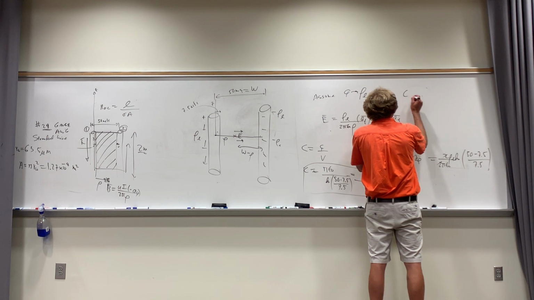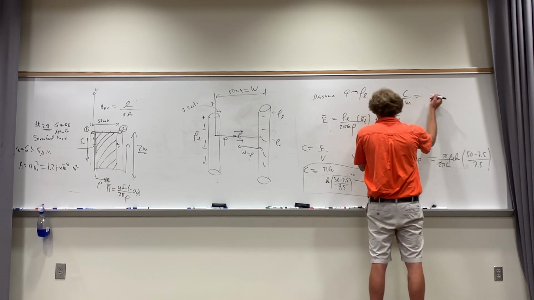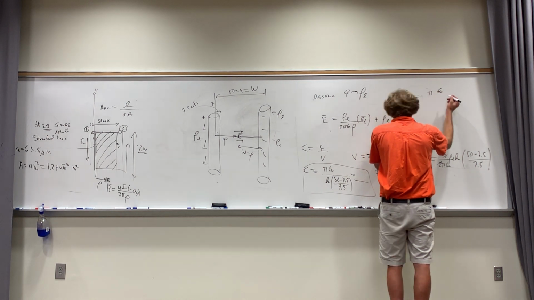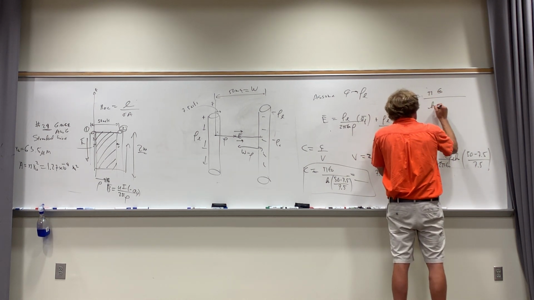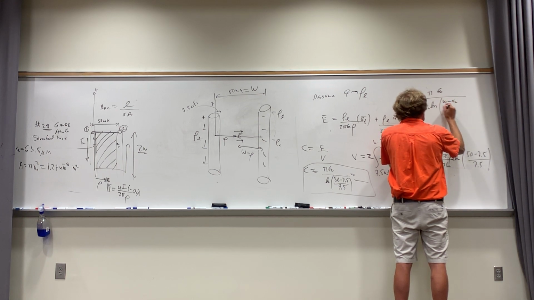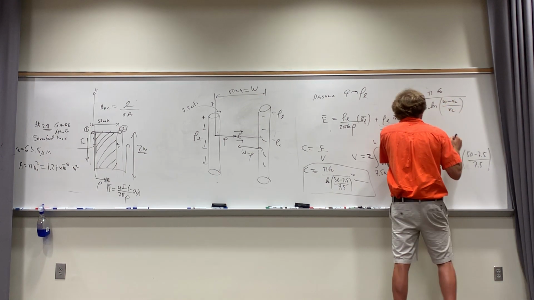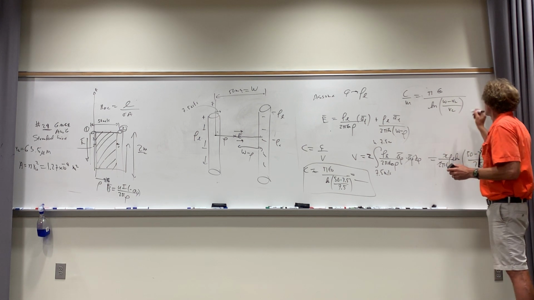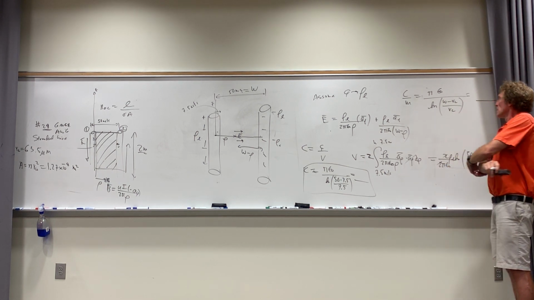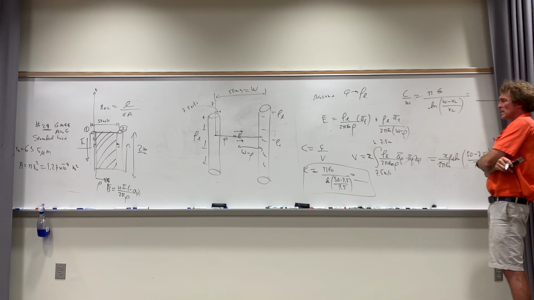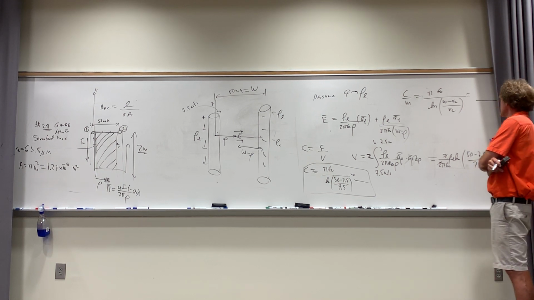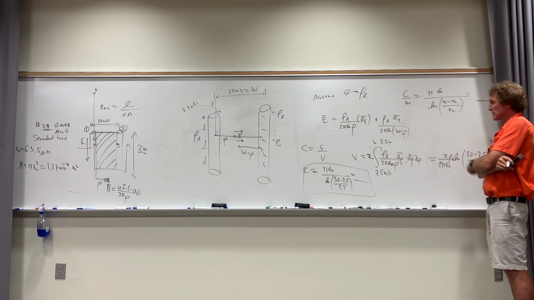C in general, per meter for 2 wires, is equal to pi times epsilon naught over the natural log of the separation of the wires minus the radius of the wires over the radius of the wires. That's the way it is per meter all the time. And for our special case, it's 50 minus 7.5 over 7.5, right? You have to take the log. It's natural log, not log base 10, by the way.